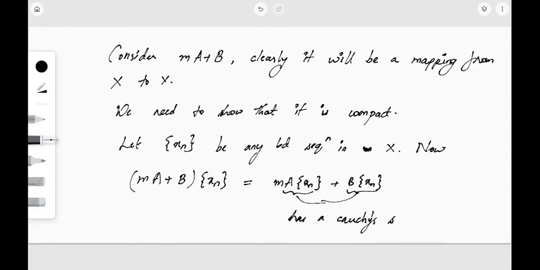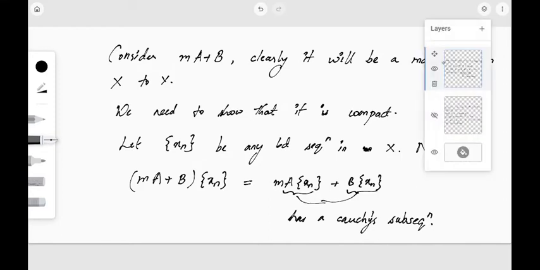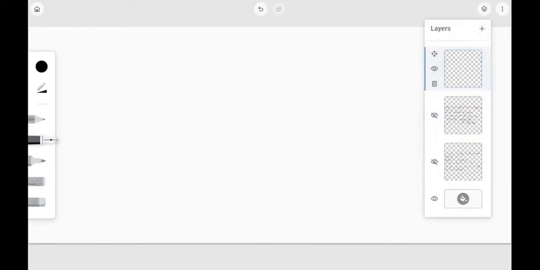Why? Because A and B are both pre-compact and xn is a sequence in X. So by the definition of relative compactness, if xn is any bounded sequence, then A of xn has a Cauchy subsequence. So both A of xn and B of xn have Cauchy subsequences.